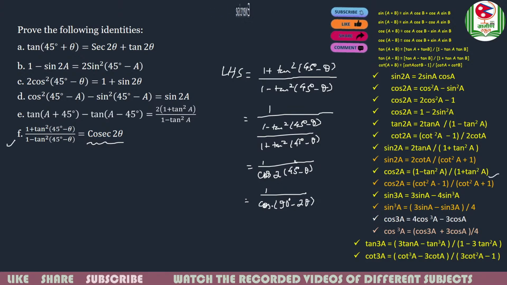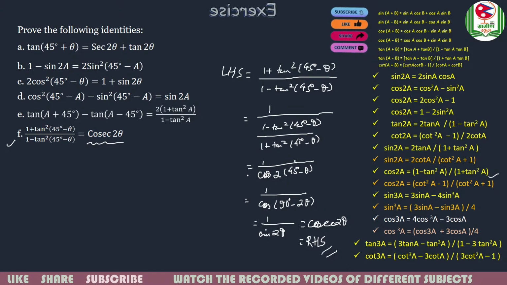And this cos 90 minus 2 theta is sin 2 theta. We all know cosec 2 theta is 1 by sin 2 theta. So it is cosec 2 theta, that is RHS. Hence we have proved this RHS.